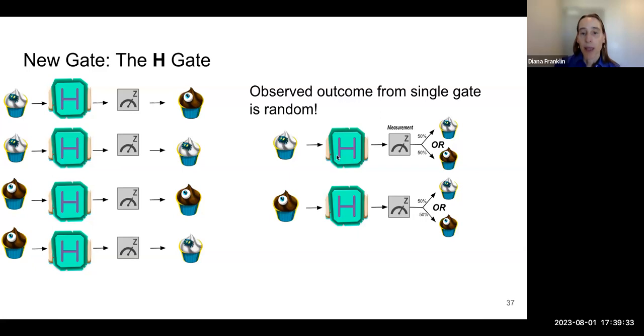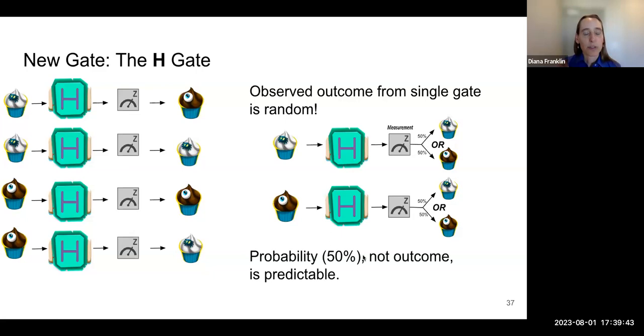So we have this observed outcome. Although I don't know if it's going to be a chocolate or a vanilla cupcake on the way out, what I do know is the probability of whether it's a chocolate or vanilla cupcake. So for any single cupcake that I put through an H gate and then measure, I have no idea whether it's going to be chocolate or vanilla.